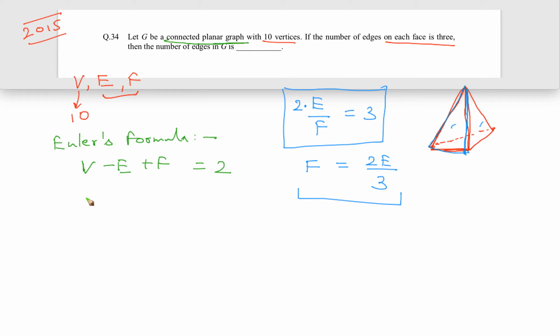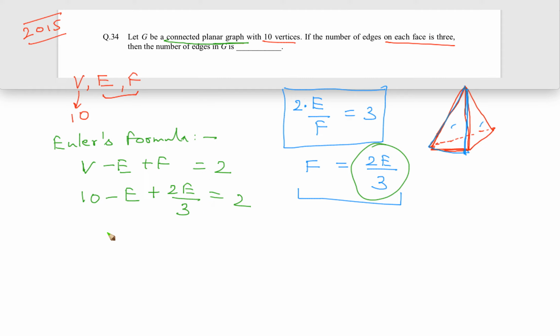Now our task is simply to put in the values. So 10 minus E plus F, and the F value will be taken from here. So 10 minus E plus 2E upon 3 is equal to 2, right?